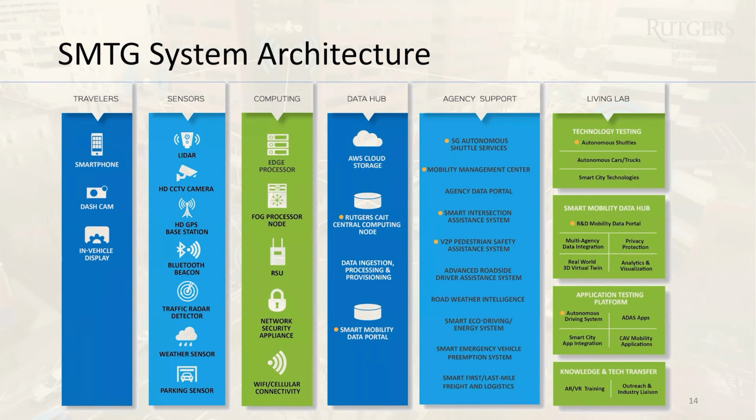Finally, the living lab component, creating the data and testing platform towards technology transfer, and also using, for example, the digital twin model to enable virtual reality, AR, VR-based, or CAVE-based workforce training towards new smart city and smart mobility technologies.